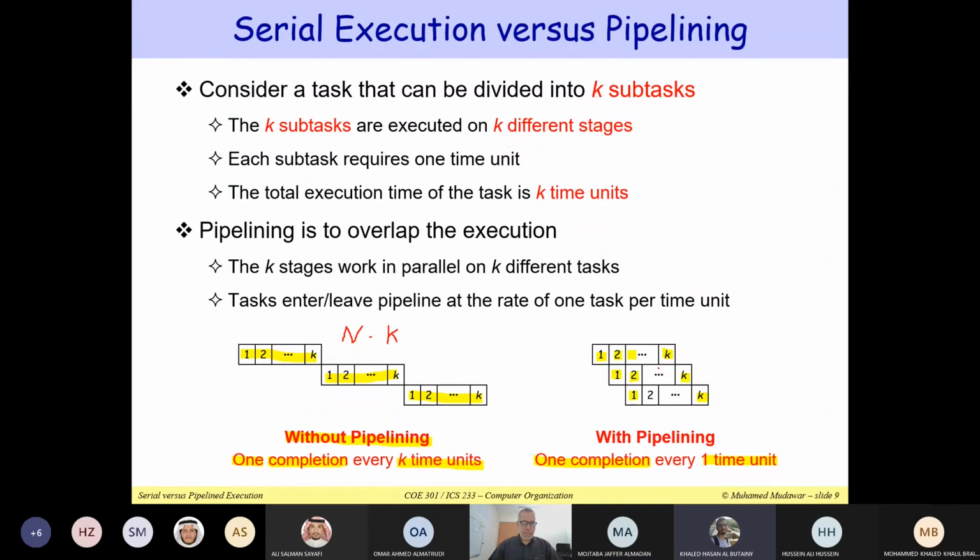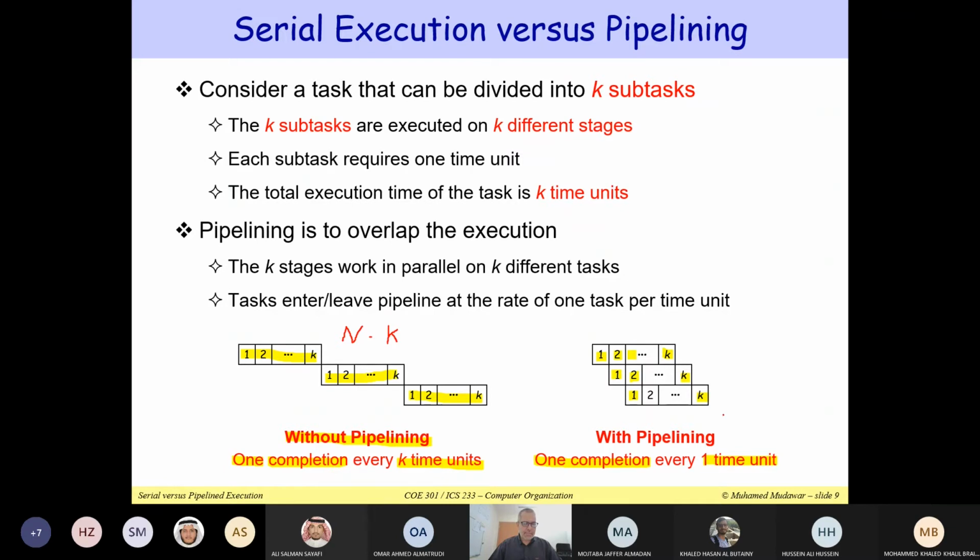Forget about the clock cycle itself. Forget about tau. Let us just count the cycles. Here we counted n, the number of instructions, multiplied by k cycles. So forget the delay, the clock cycle itself. We're just counting the cycles here, so it's n times k cycles.